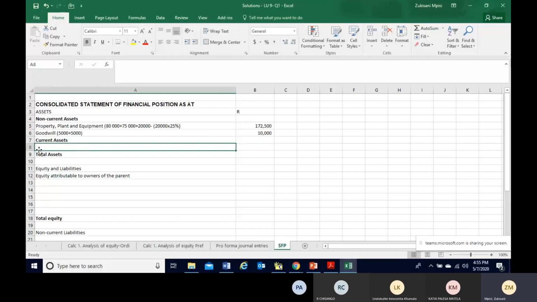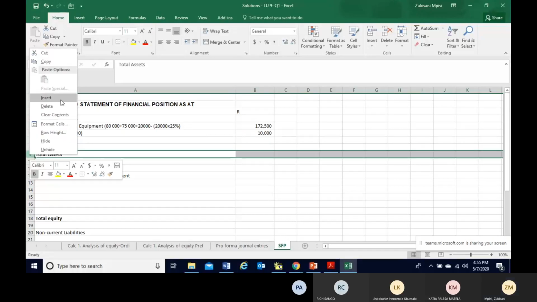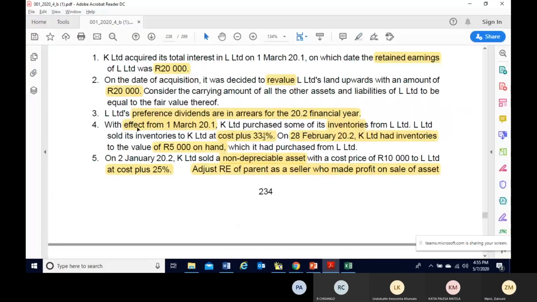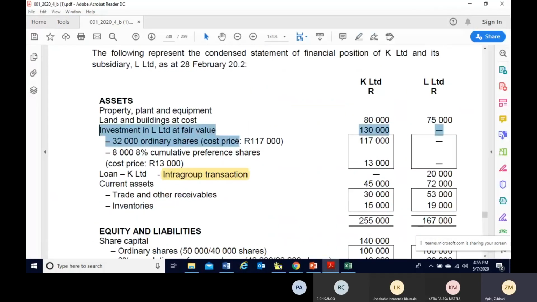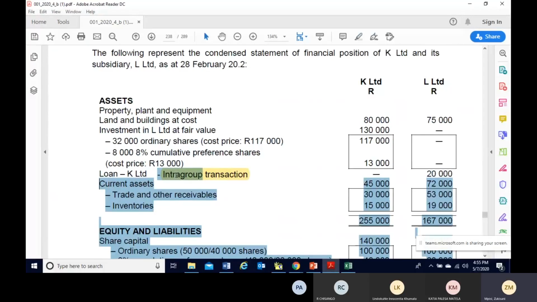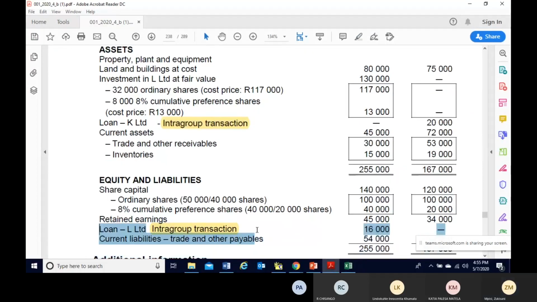Let's look if we've got anything under current assets. Under current assets, the investment here is definitely going to be eliminated. We've got loan to K. I've told you about the intra-group, but look here. This is 16,000. This is 20,000. I'm going to show you how this works out in the pro forma journal entries in eliminating these two.